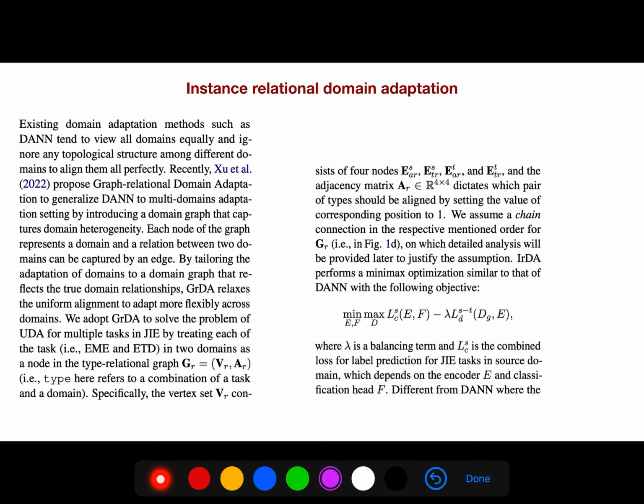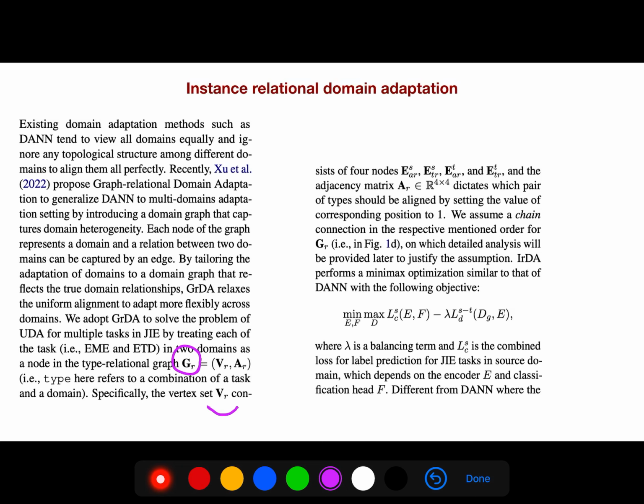So existing domain adaptation methods tend to view all domains equally and ignore any topological structure among different domains, to align them all perfectly. So first we have a type relational graph.